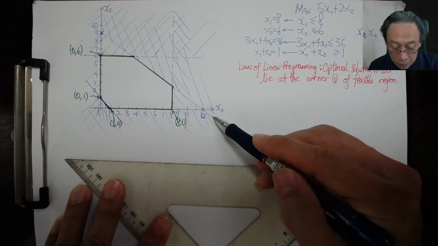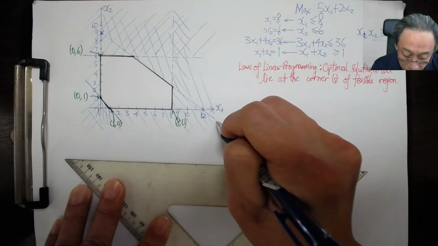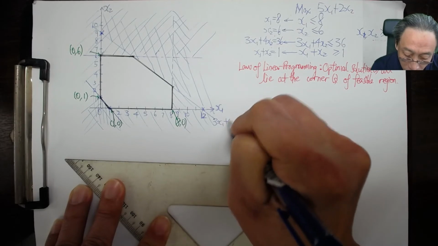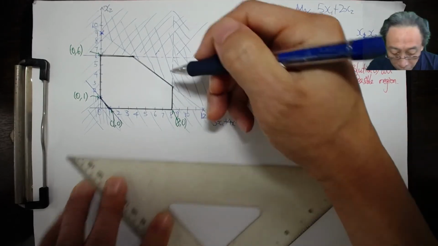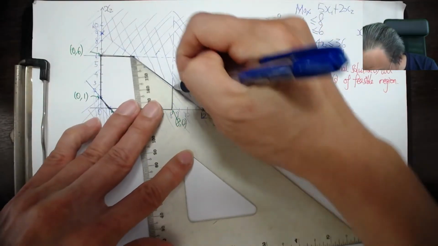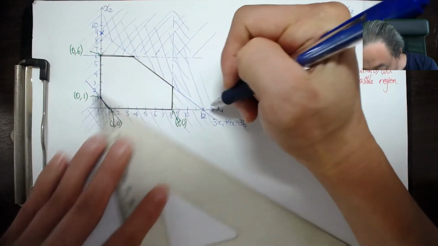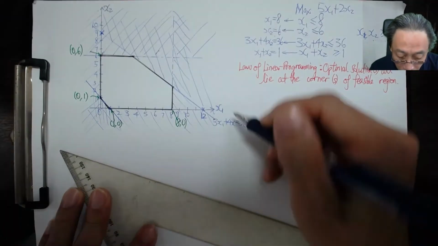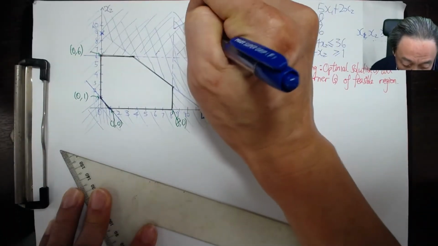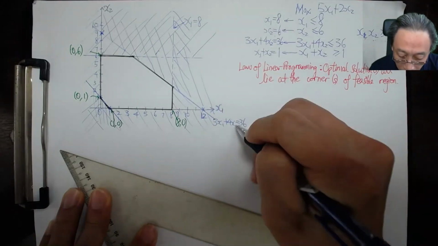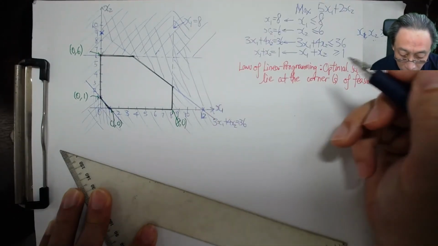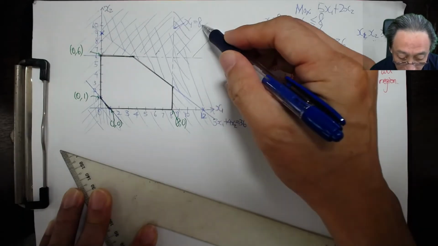So for example, this line was a result of 3x1 plus 4x2 equals 36. I write it at the side here just to remind us so that it doesn't get messed up in the whole picture. And this is a result of x1 equals 8.